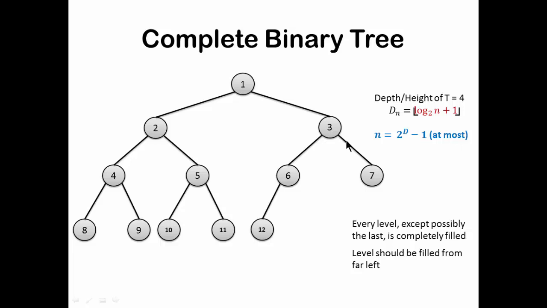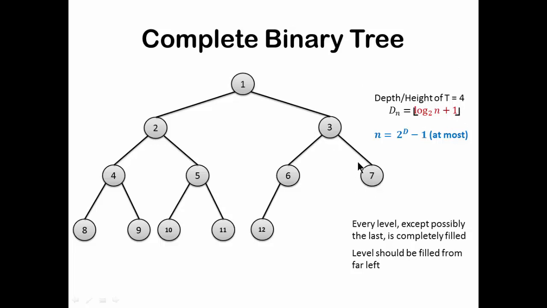Similarly, if I am talking about a binary tree with depth 3, then the total number of nodes it can have is 2 raised to the power 3 minus 1, that is 7 nodes. And if I have a tree with 7 nodes and I want to calculate the depth, then the depth is log base 2 of n, plus 1. How?